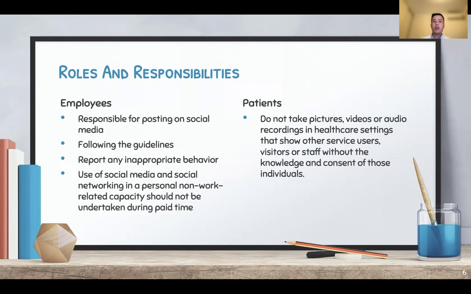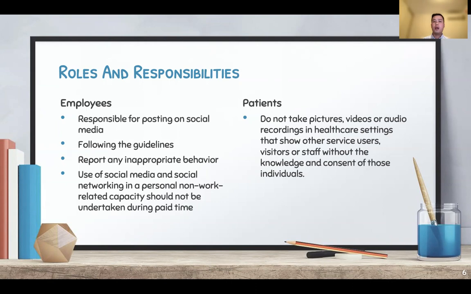They need to report any inappropriate behavior and contribute to this policy through the responsible department. Use of social media and social networking in a personal, non-work related capacity should not be undertaken during paid time.